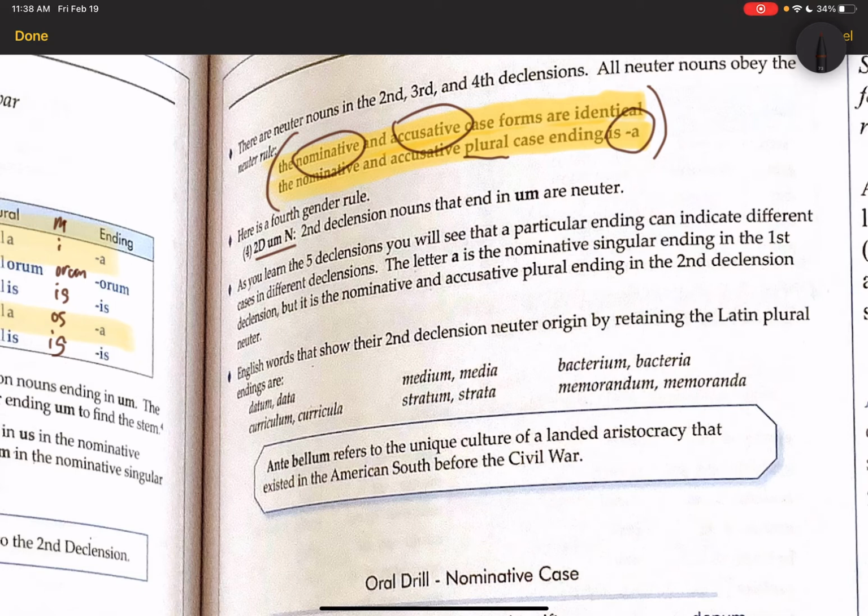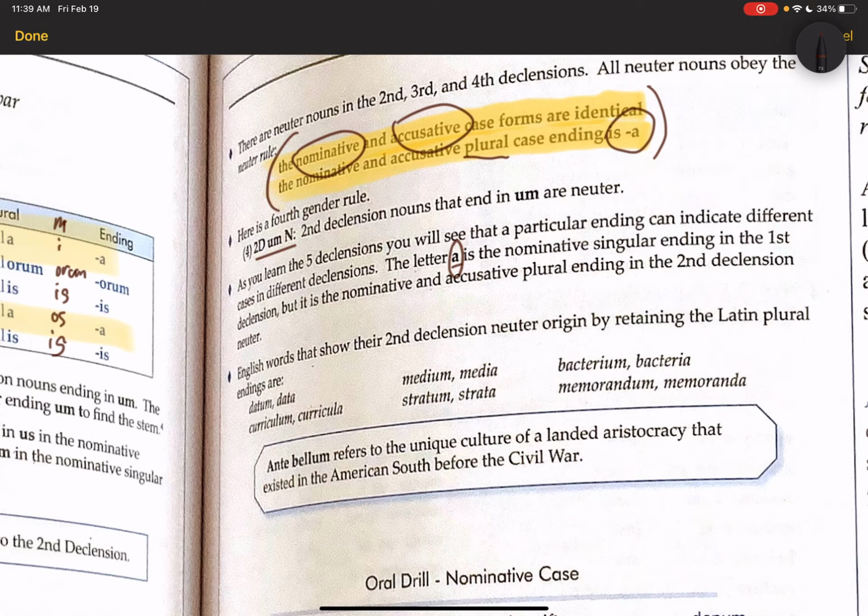The letter a is the nominative singular ending in the first declension, but it is the nominative and accusative plural ending in the second declension neuter. So sometimes the same letter could be in different declensions, it could be different cases. So you need to know which declension, which family the specific noun you're dealing with belongs to.